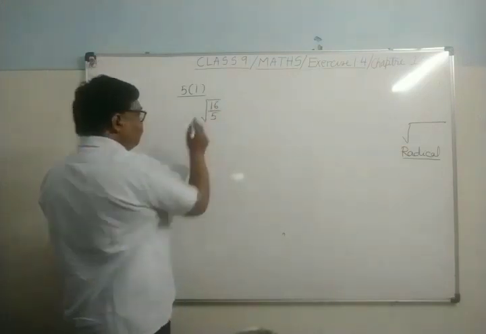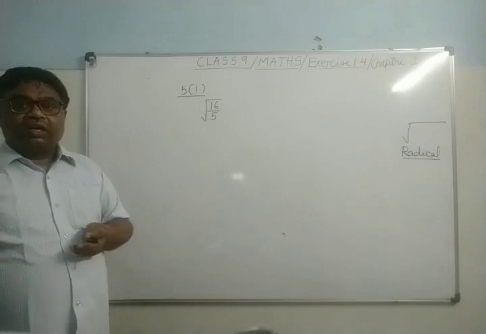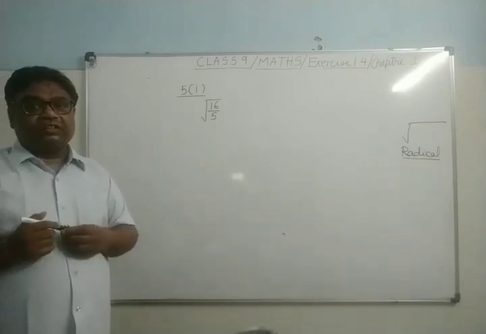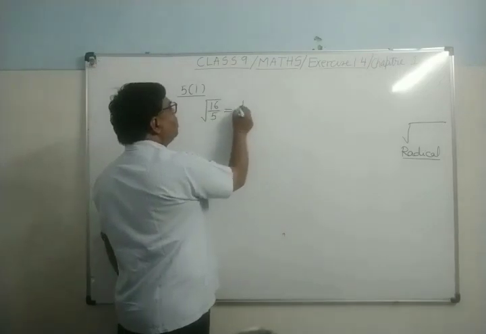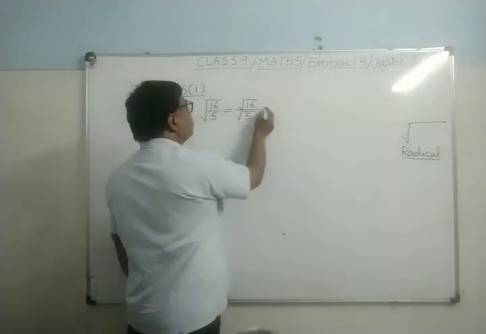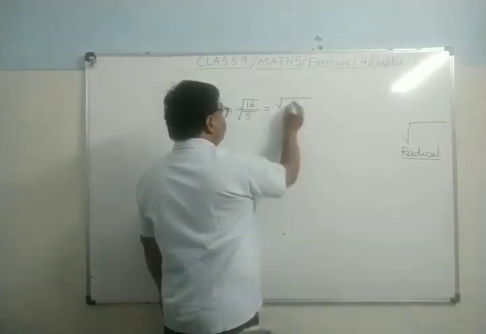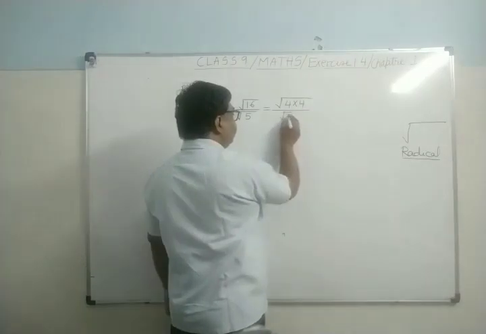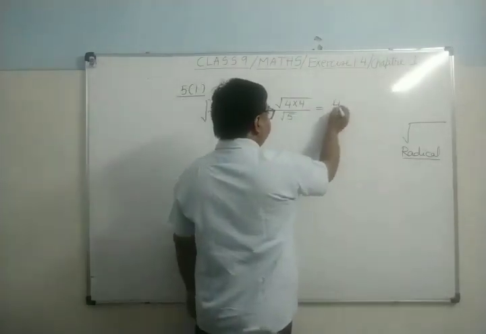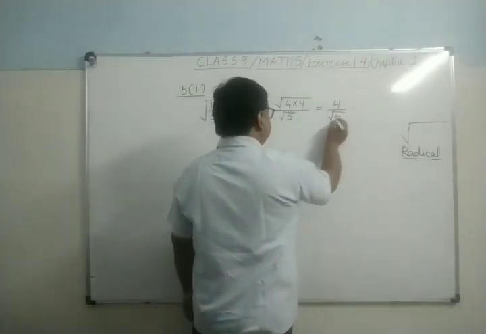We have to find whether it is a rational number or irrational. You can write root 16 upon root 5. What is root 16? It is 4 into 4, so it equals 4 upon root 5.